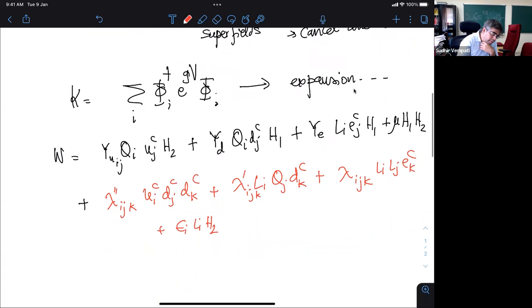So these are your terms which violate lepton number and baryon number.